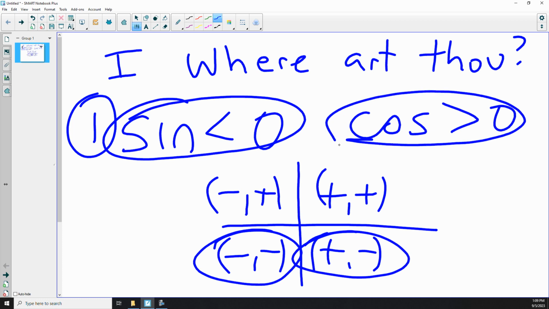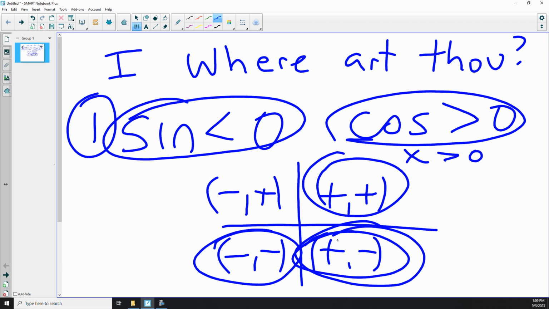Where are we if cosine is greater than 0? Cosine is the x, right? So if the x is greater than 0, we are on the right side, which is either the first quadrant or the fourth quadrant. Answer 4, because 4 is true for both of them.